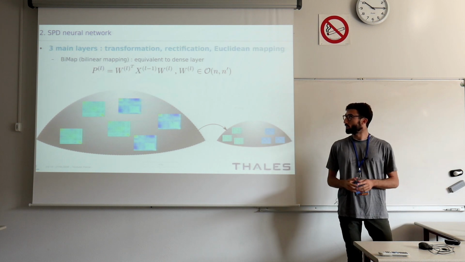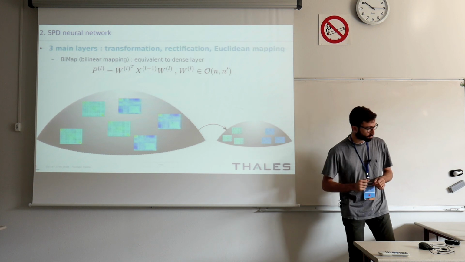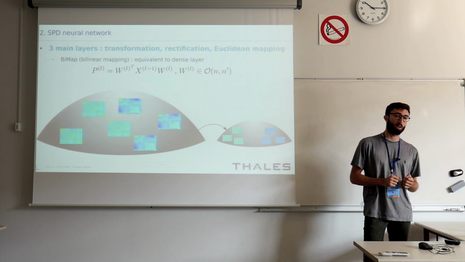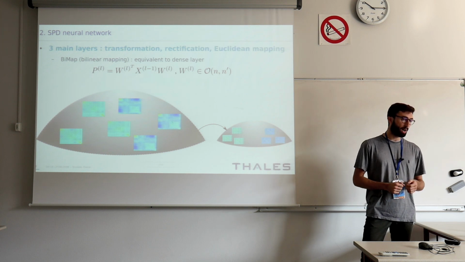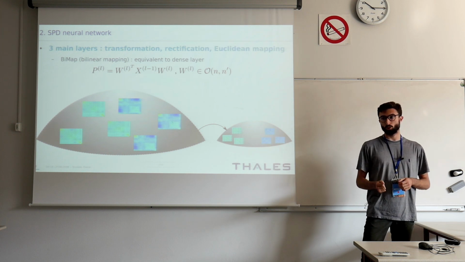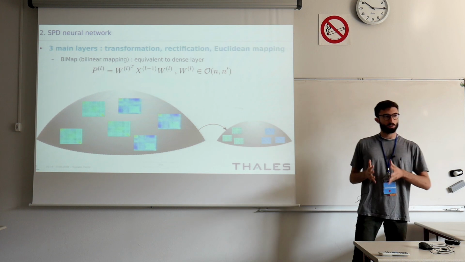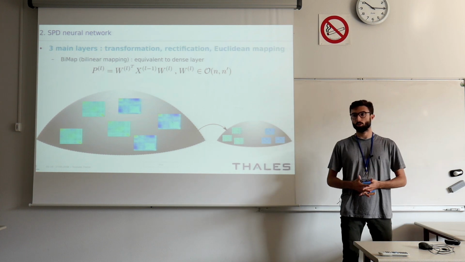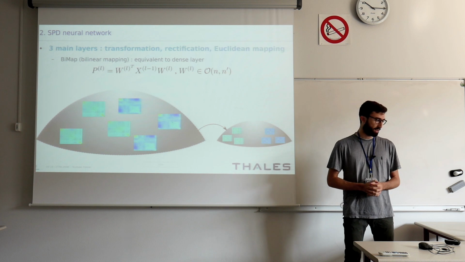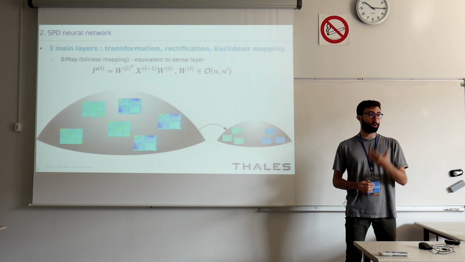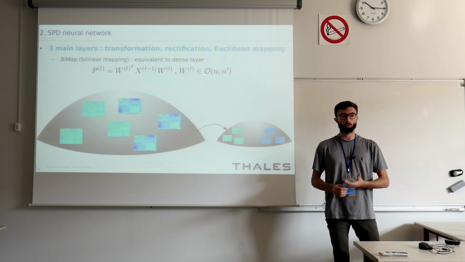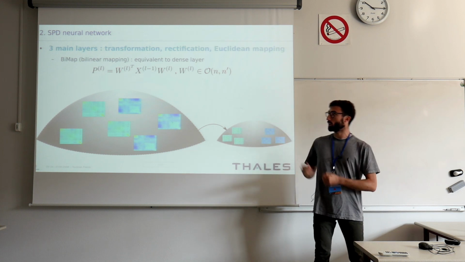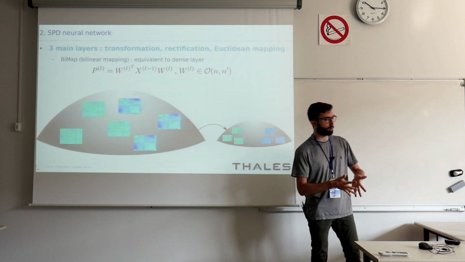Here we have the input matrix X, and the output is P. The output P is obtained by a bilinear transformation by the weight matrix W. The first subtlety, or difference compared to Euclidean neural nets, is that we require P to also be SPD. To do this, we have to constrain the weight matrix W to be full rank.